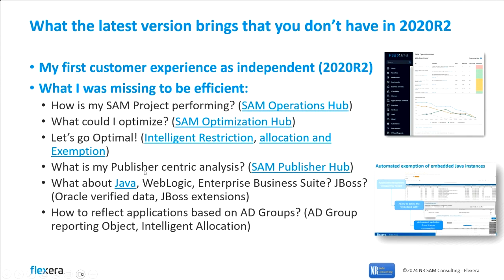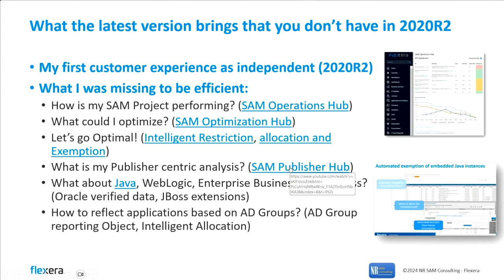Next question, what is my publisher-centric analysis? What do I do with Microsoft, with Oracle? What are my costs? This is something that the SAM Publisher Hub, released in 2023 R2, sorry, back in November last year, answers.